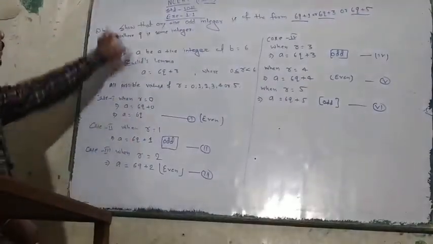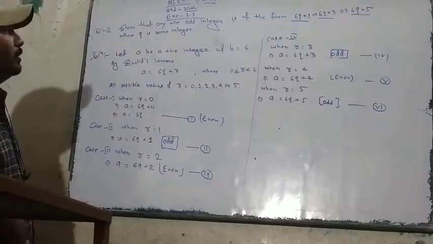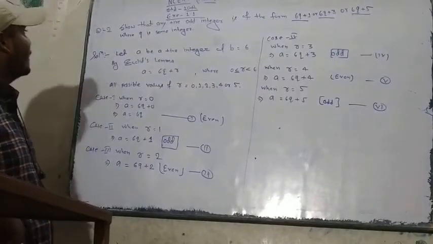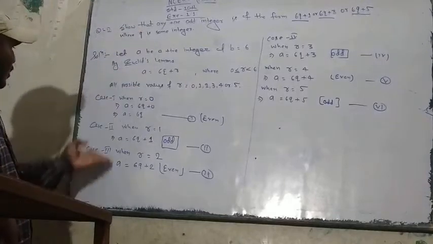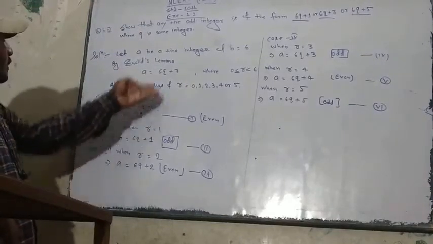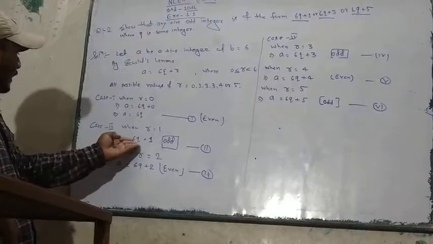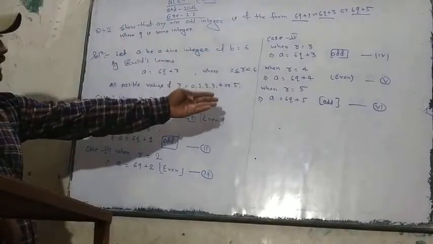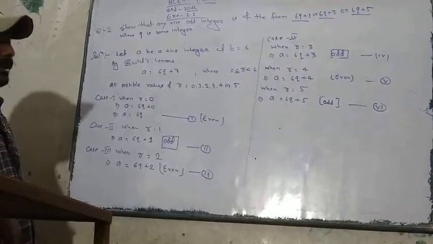Now the question is to show that any positive odd integer is of the form 6q plus 1 or 6q plus 3 or 6q plus 5, where q is some integer. Now we look at a is equal to 6q plus 1 as an odd integer, a is equal to 6q plus 3 is an odd integer, and a is equal to 6q plus 5 is also an odd integer.